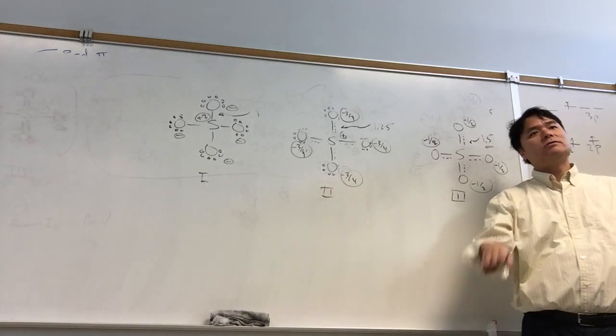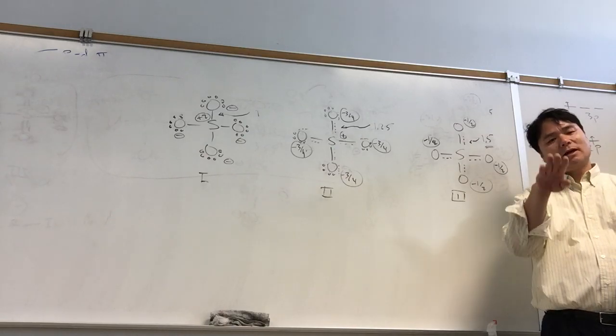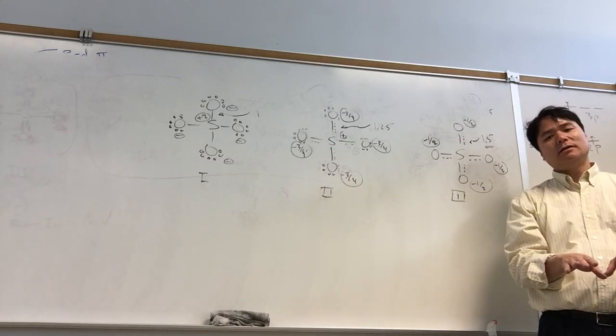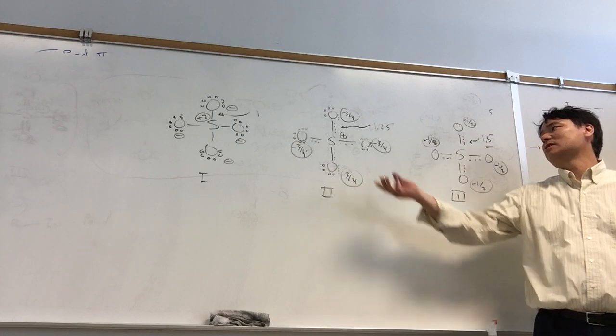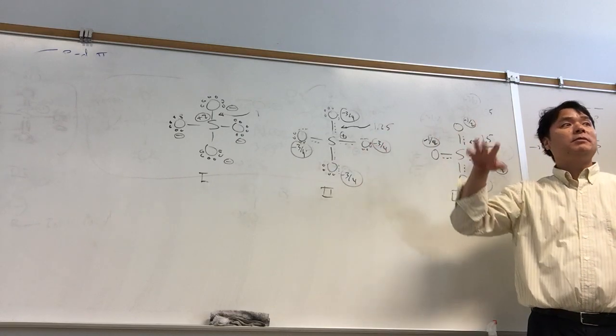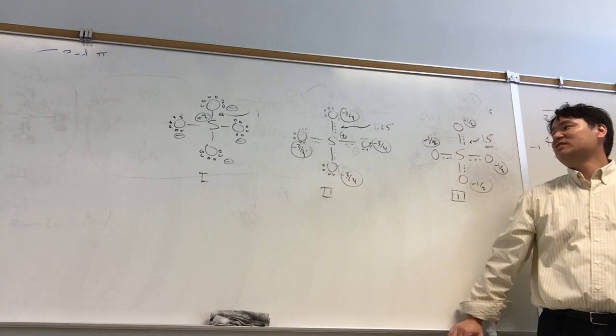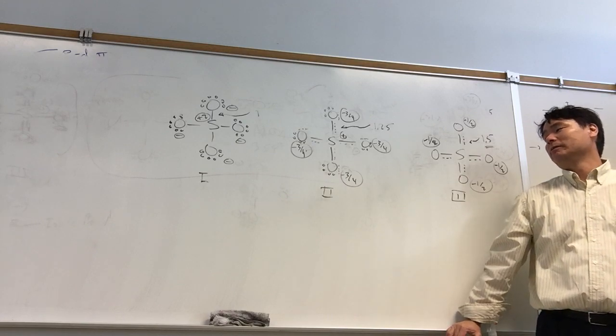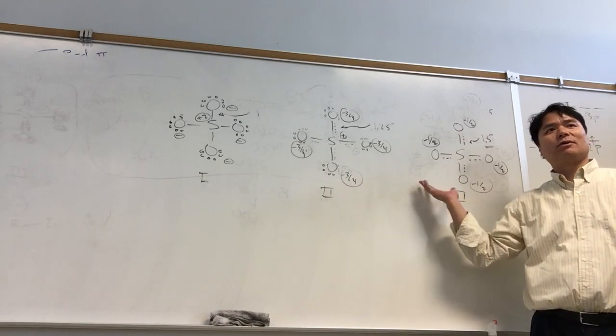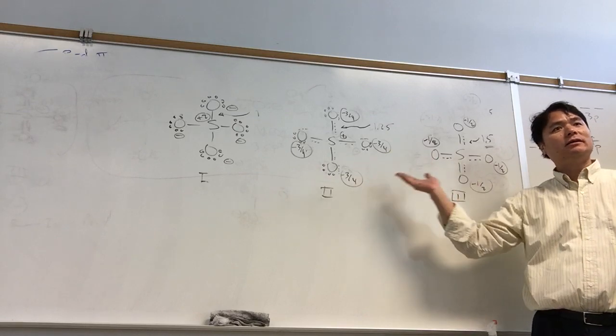Well, the reality is when you do the quantum mechanical calculations, it's going to try to minimize the energy, and so it's going to try to give as much electron density to sulfur at a minimum cost, right? And that's going to be the best structure. And so this is why I say probably the reality is a hybrid of hybrids, something in between.